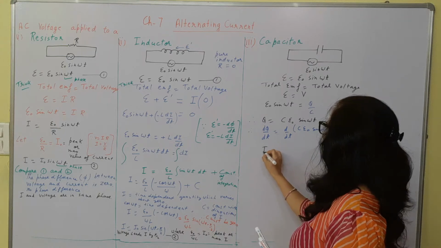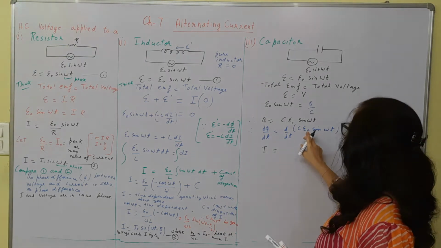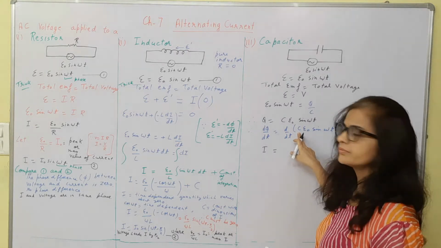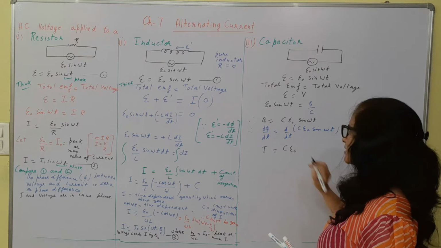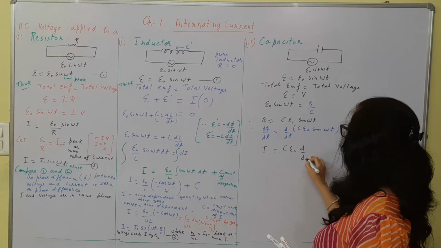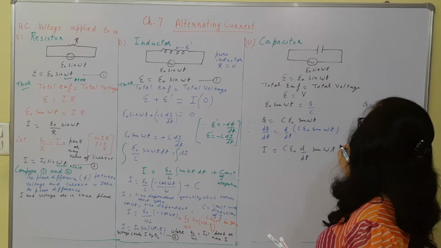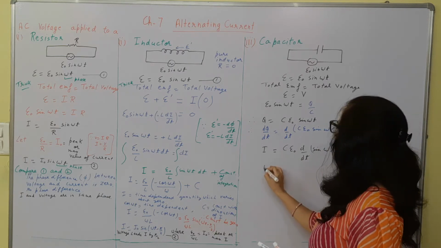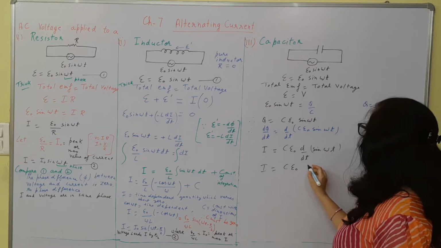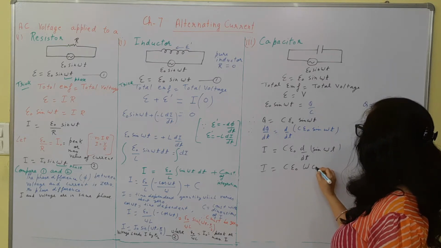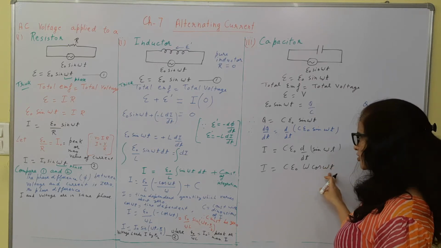Left side can be written as current, and this is constant, capacitance is constant, E naught maximum value is constant, so this can be taken outside the differential sign. Now on differentiating it, sine omega t gives omega cos omega t, because sine omega t differentiation is cos omega t.